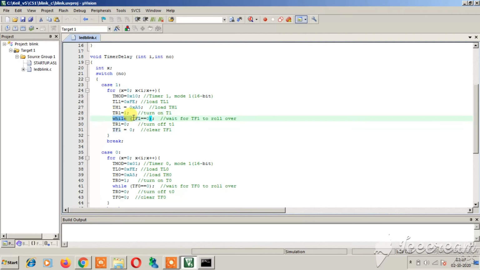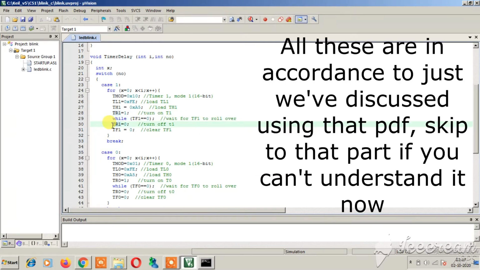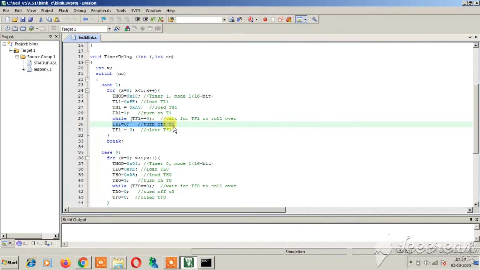Now we are waiting while TF1 equal to 0. We are waiting, and after it rolls over, then turn off timer 1 by setting TR1 equal to 0 and then clear the timer flag. So here we are continuously monitoring the timer flag, and at the last, after stopping the timer, we are clearing the timer flag.